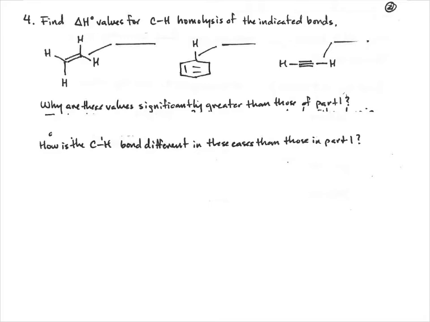So this says find the enthalpy change values for C-H homolysis of the indicated bonds. So now the main difference here is, in this case, what is the hybridization of this carbon? So where the laser's pointing, that carbon, this carbon, and then that carbon.